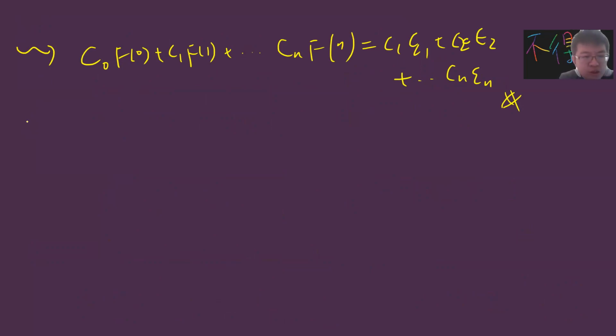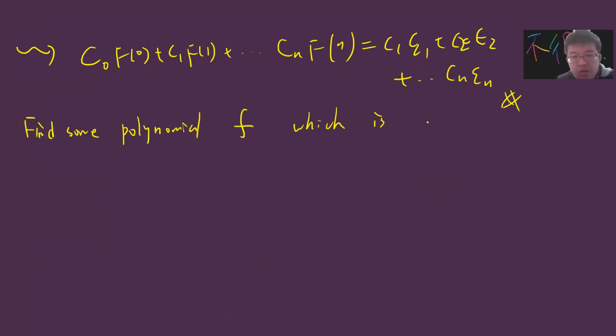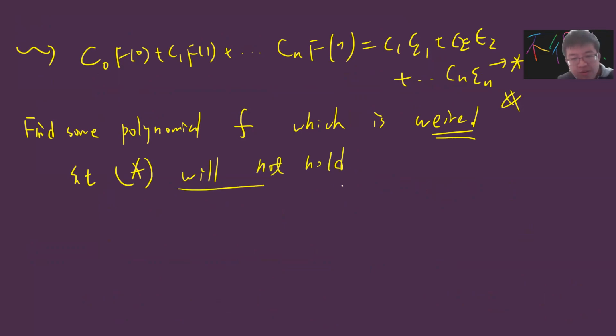So the remaining task is to find some polynomial F, which is weird, such that this equation will not hold. This is very weird. How do we find such a polynomial F?